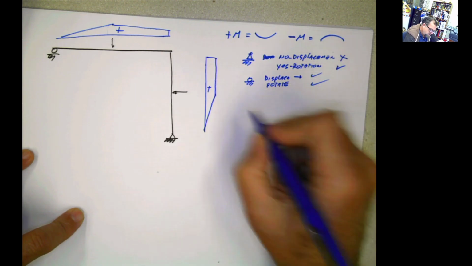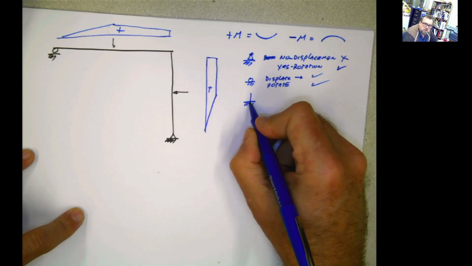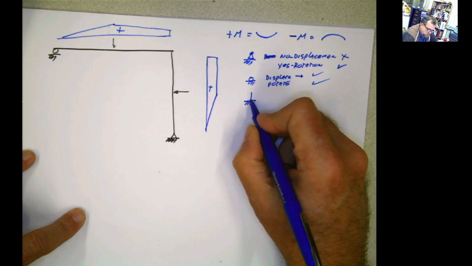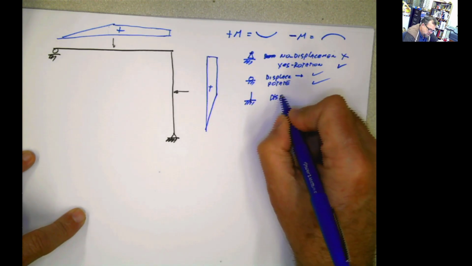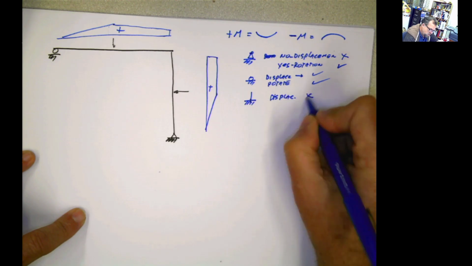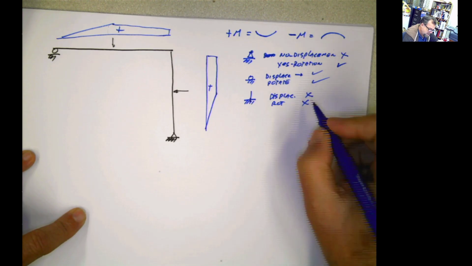Now, what happens with the fixed support? Fixed support, this point does not rotate, and that point doesn't deflect either. So displacement, no. Rotation, no. And this is extremely important.